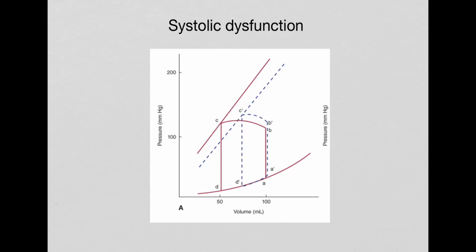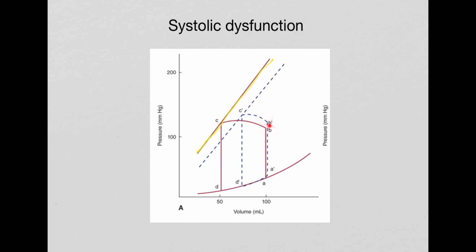So looking at the pressure volume curve in systolic dysfunction, we remember that normal contractility is represented here by the red line. And in systolic dysfunction, there is a shift of the contractility down and to the right. So we have a new contractility represented here by the dashed line. So we see that in systolic dysfunction, we're operating with this contractility, and therefore we have a lower stroke volume.